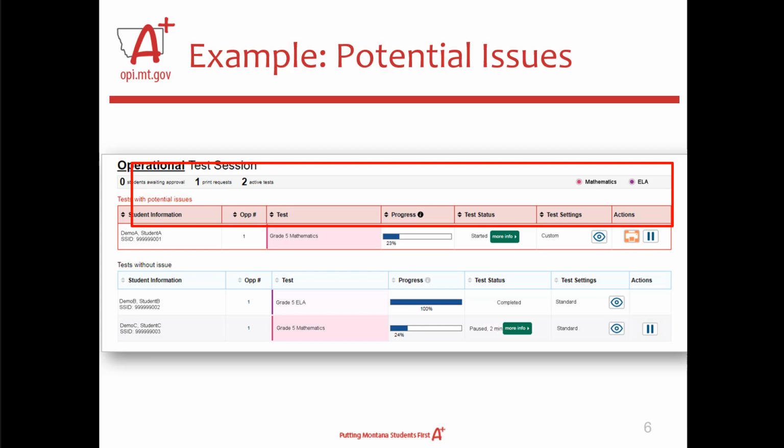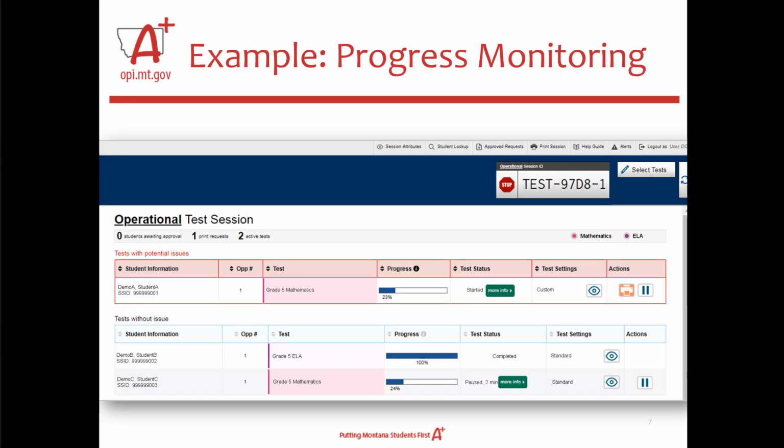This platform of the test delivery system can also detect that a student may be having technical issues or requires assistance. A tests with potential issues table will appear above the tests without issue table. As you can see in the blue, both proctors and students can also monitor their progress within the assessment.